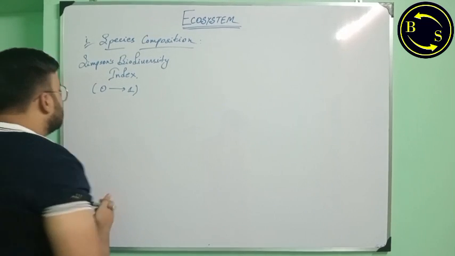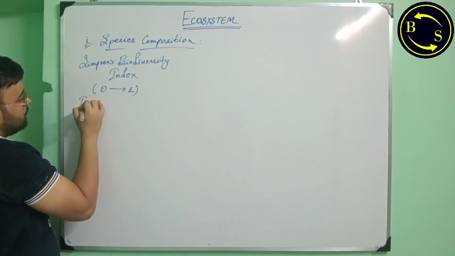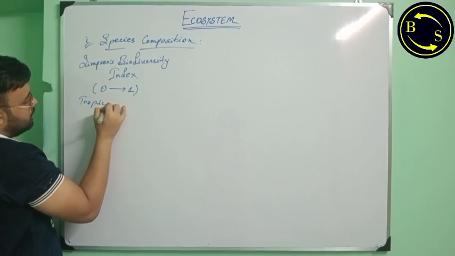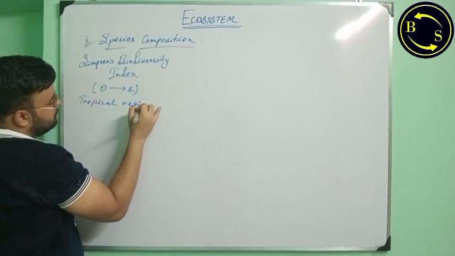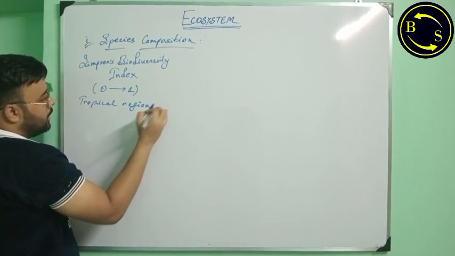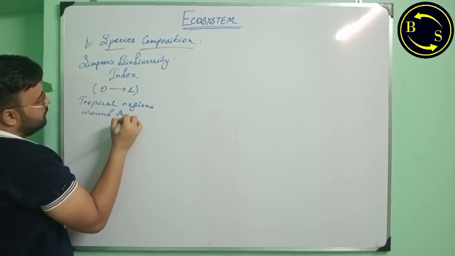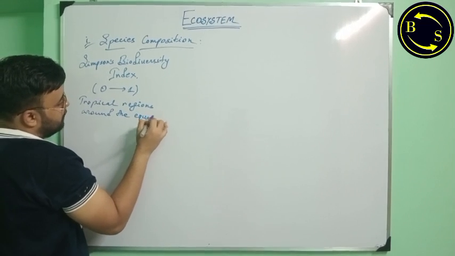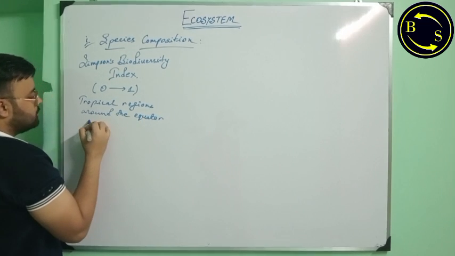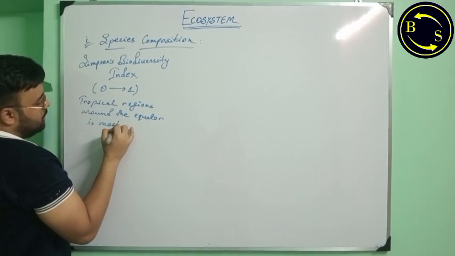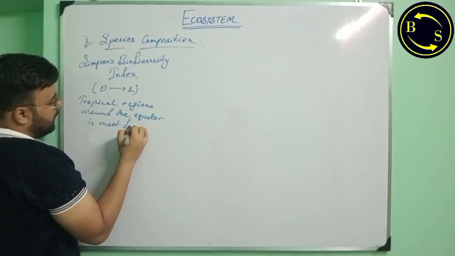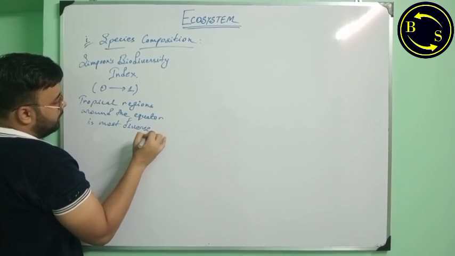You will find that tropical regions, around the equator, is most diverse. Why?